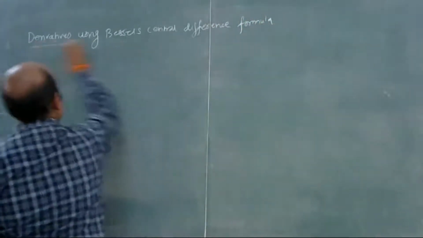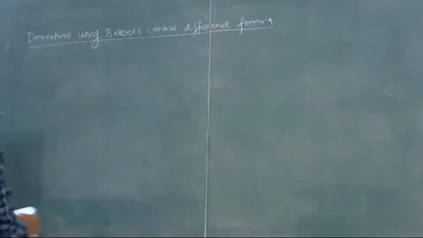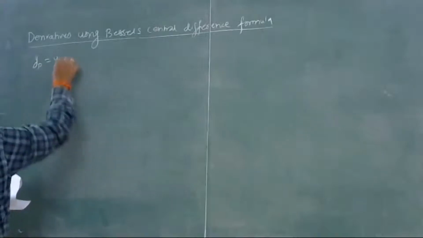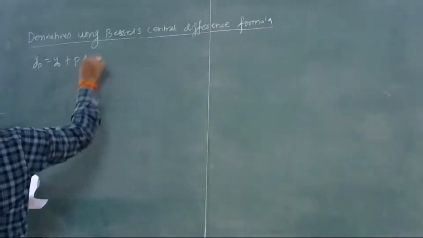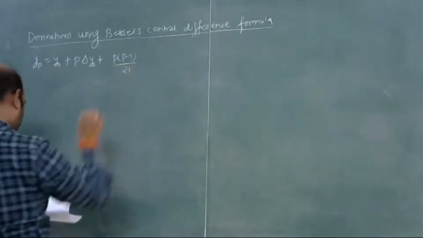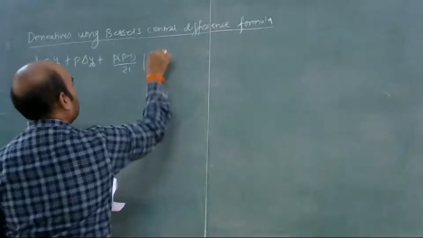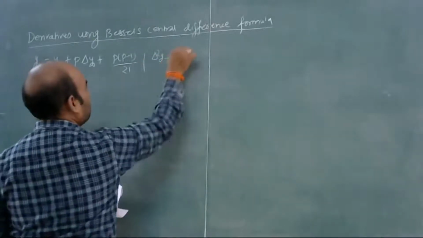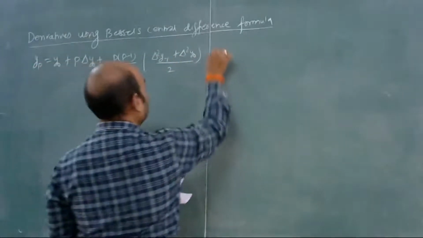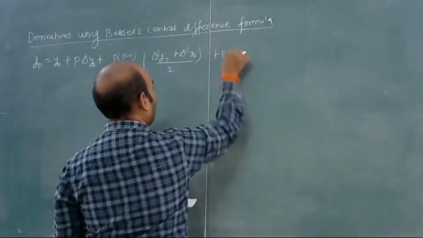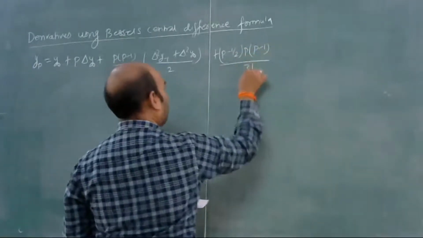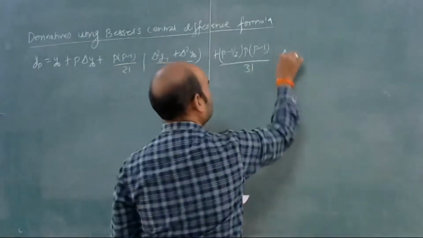Okay. So y is equal to y naught plus p del y naught, plus p into p minus 1 by factorial 2 into del square y minus 1 plus del square y naught by 2, plus p minus half into p into p minus 1 divided by factorial 3 del cube y minus 1.